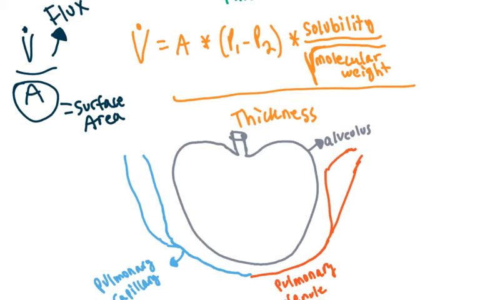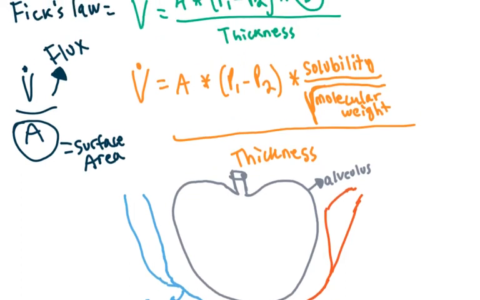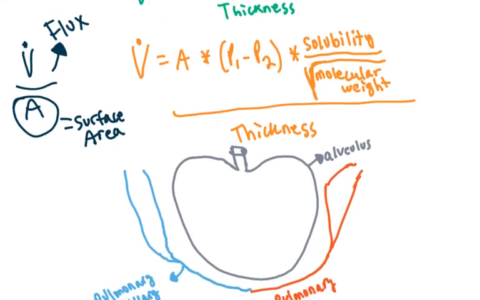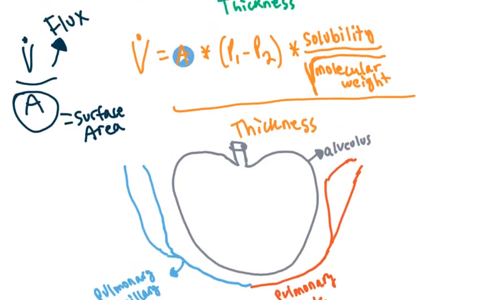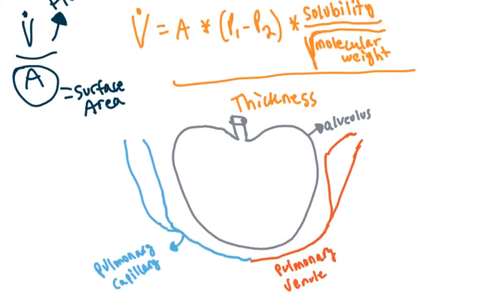Remember, this symbol represents the rate at which the molecules move across a certain membrane, this barrier separating the alveoli from the blood vessels. If we decrease the area, making this whole alveolus smaller, we decrease the rate at which the molecules, in this case oxygen, can move to the pulmonary blood vessels.